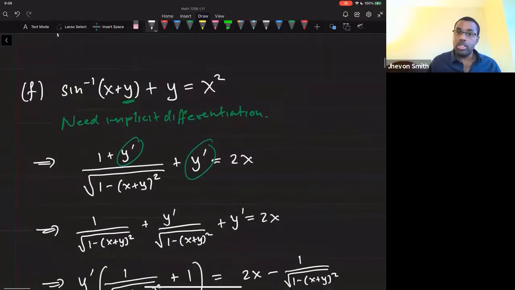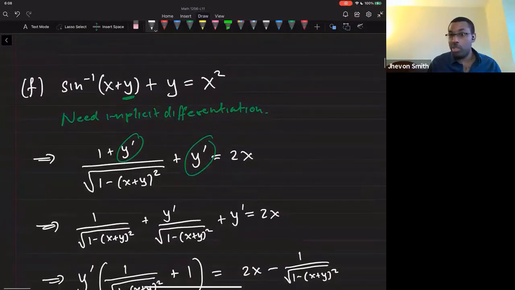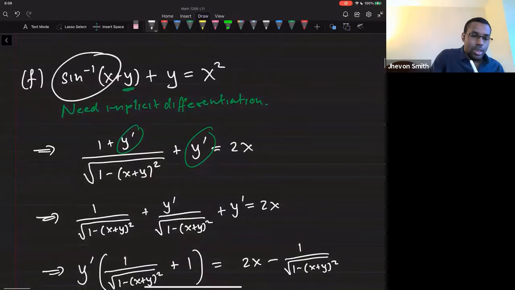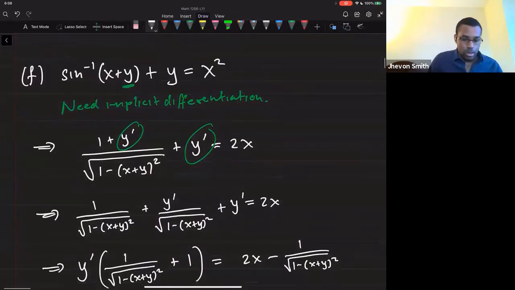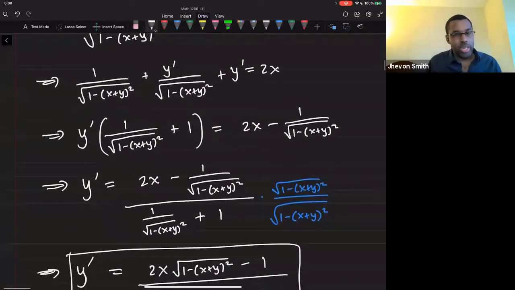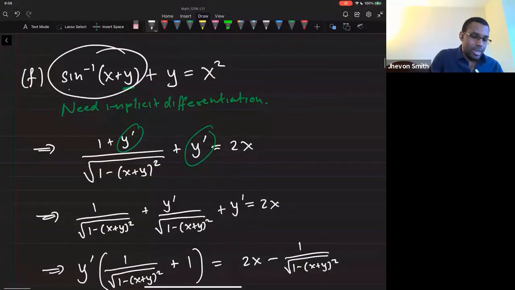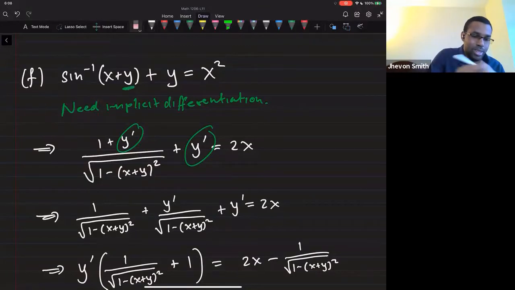And here we just reviewed implicit differentiation with a sine inverse. But again, in principle, nothing really changed. It's just that now when I see this guy, I know the derivative looks like that guy.